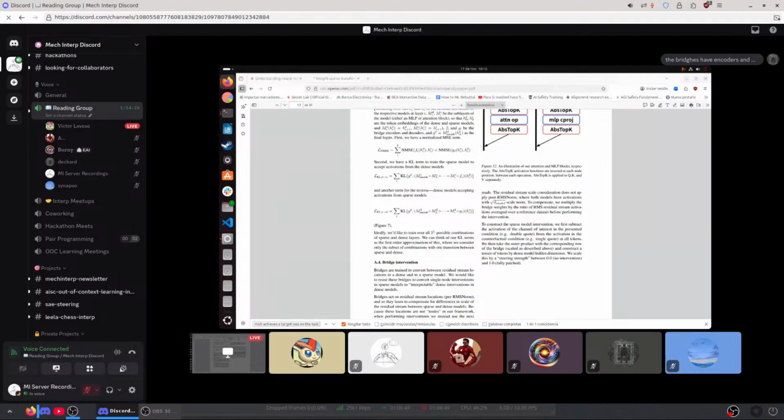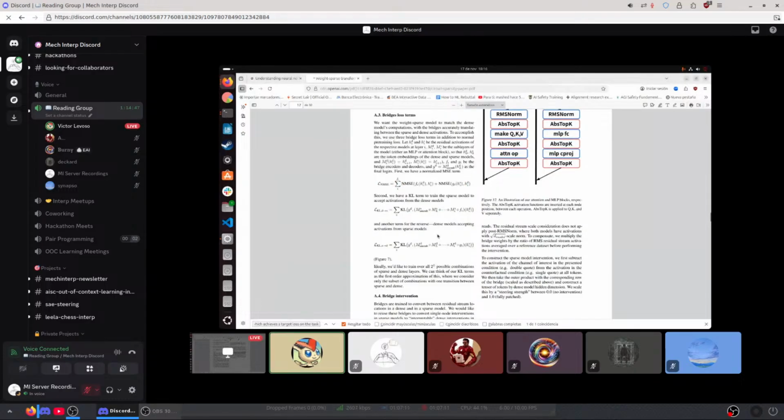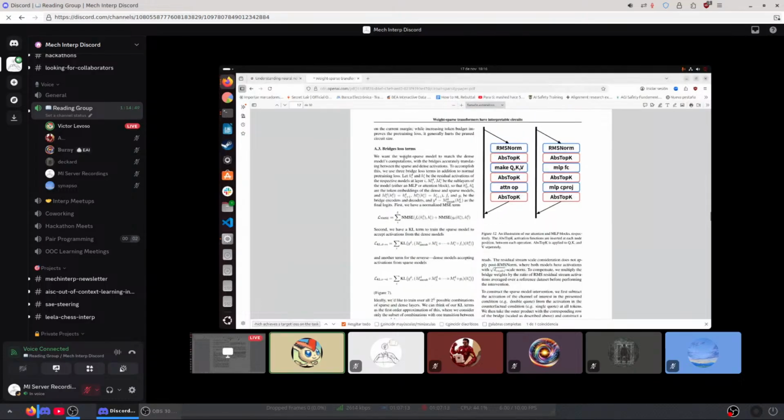Okay, the bridges have encoders and decoders. Wait, so do you mean that these losses are for the bridges and this is for the decoder? Okay, I was understanding it wrong. I thought all these three losses were on the sparse model.